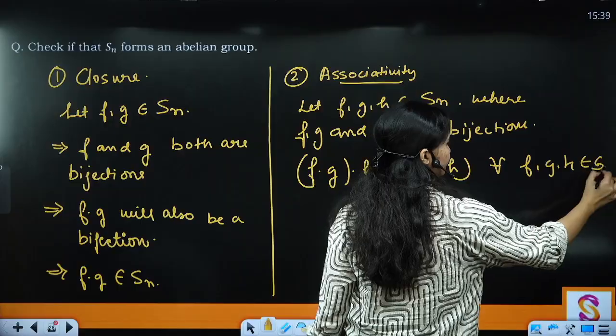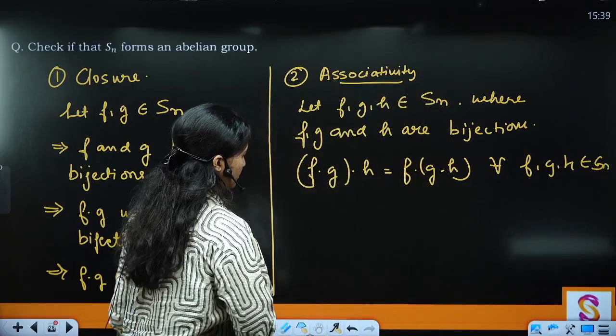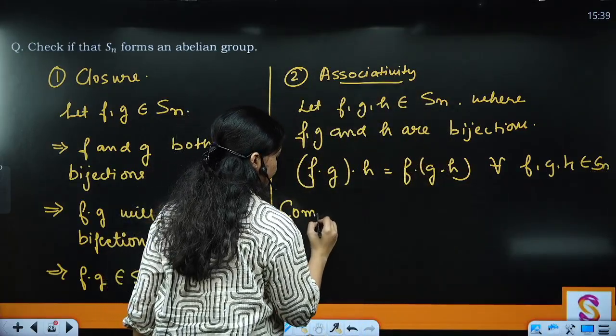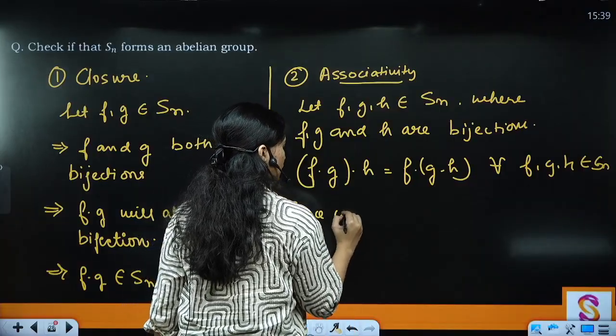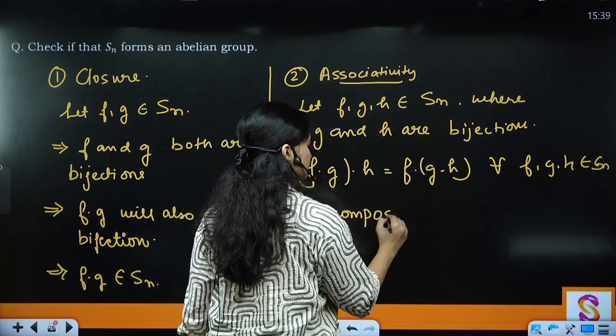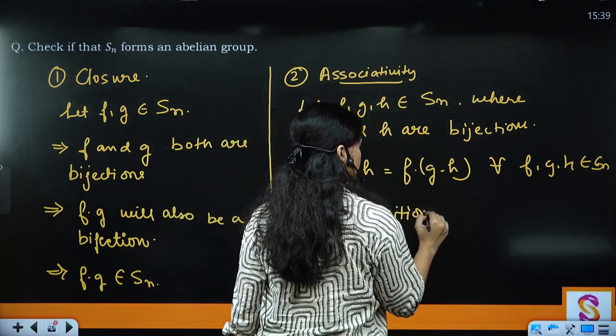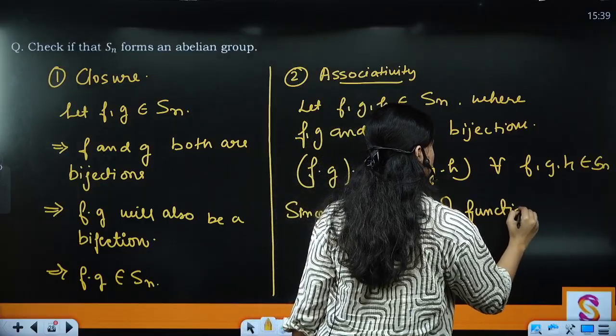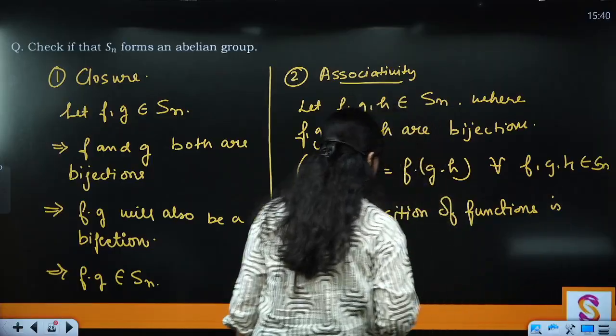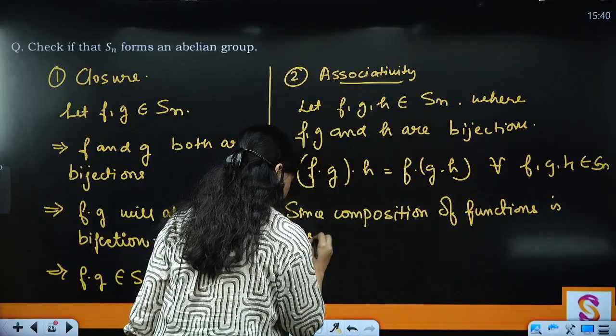Why so? Since composition of functions is associative, right?